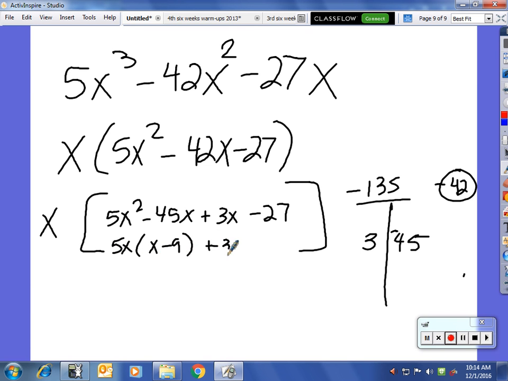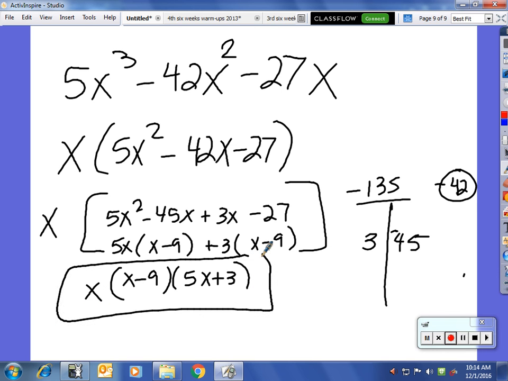Then you take out a positive 3, and you're left with x minus 9. Then take out x minus 9, and you're left with 5x plus 3. What has to also be in that set of answers? The x. That would be your answer column answer right there. And if you drop off that x, how sad is that, to do all that work and then just leave off the GCF? And you're going to miss it.